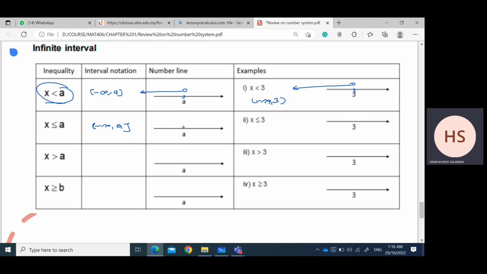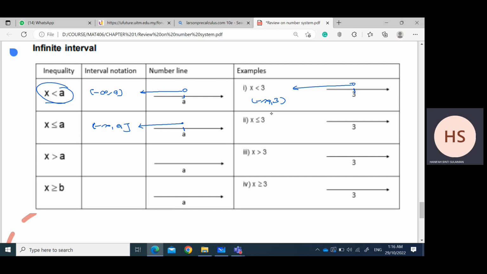So number line, katakan nilai A, so the line will go to infinity, tapi dia park ataupun dia menyentuh pada titik A. Untuk atas ni dia tidak menyentuh pada titik A sebab dia kurang daripada A. Yang nombor 2 ni dia kurang dan juga sama dengan. So maksudnya dia touch ataupun dia menyentuh titik A.